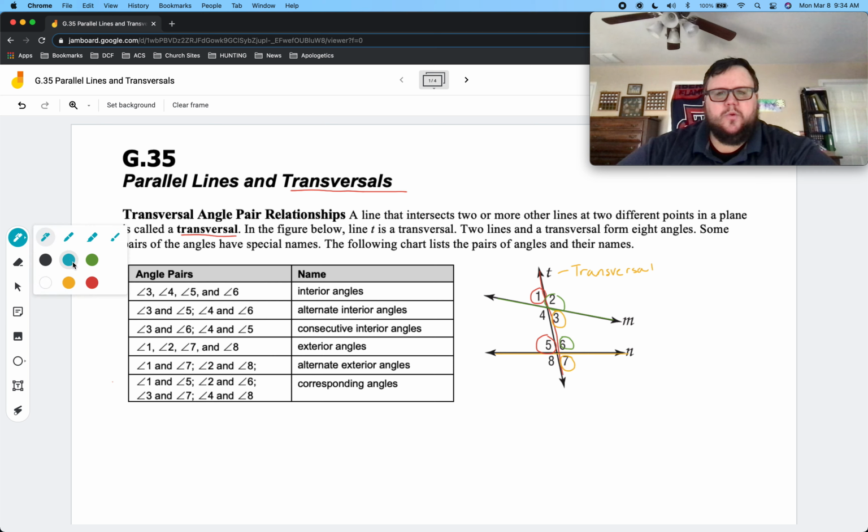And then we'll do blue. Angle 4 corresponds with angle 8. These are corresponding angles. Because if you were to cut this line right here and slide it down, you will see 1 and 5 are in the same location, 4 and 8 are in the same location, 2 and 6, and so forth. 3 and 7.